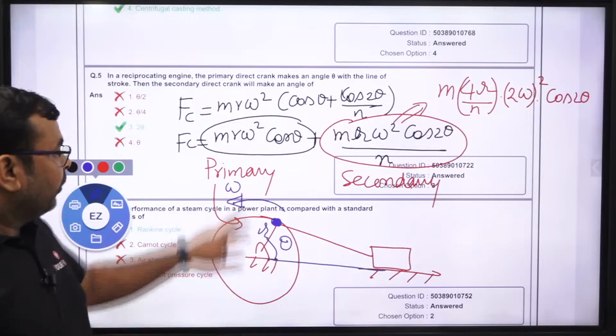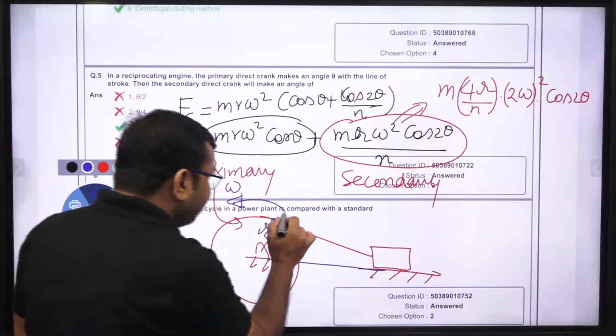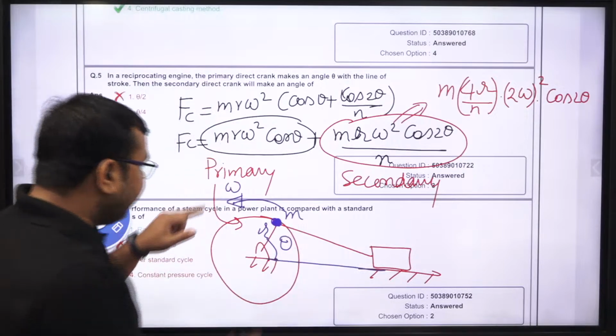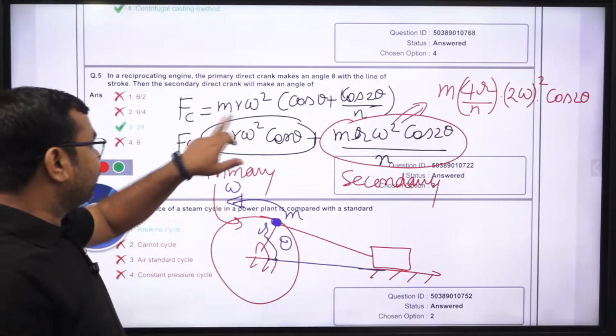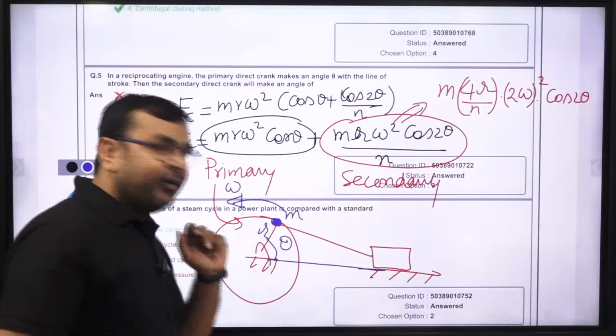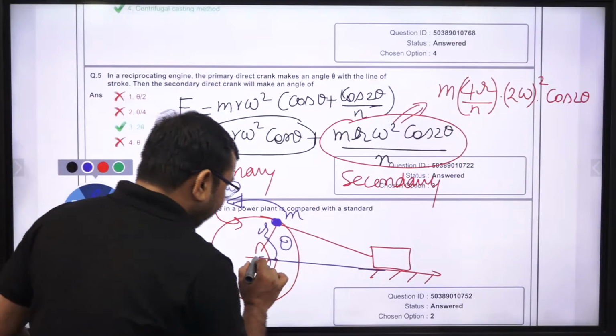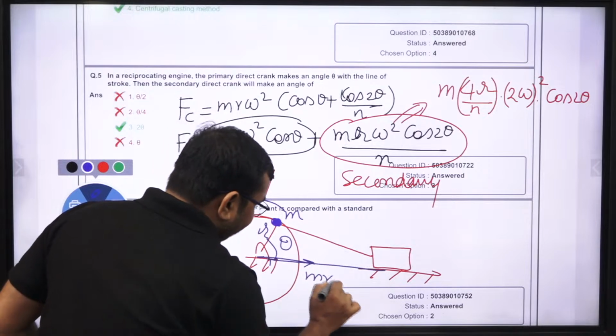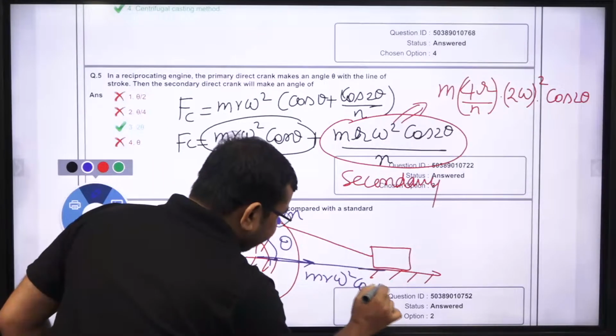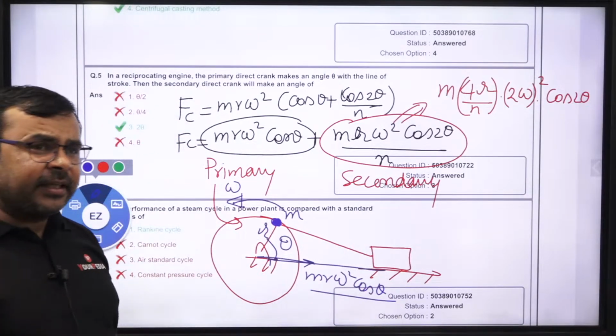So the whole mass m lies at a distance of r with rotation of omega, at an angle theta. So simply here we have one force, that is m r omega square cos theta. Is it clear?